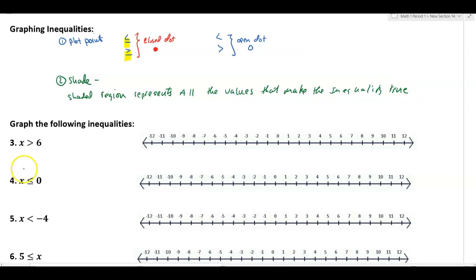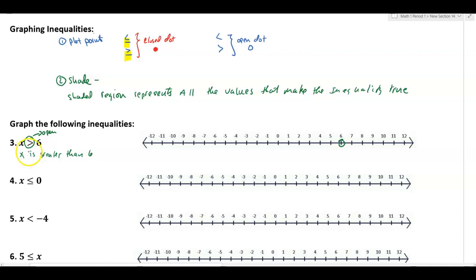So right away here, this is x is greater than 6. So what we're going to do is we're going to go to 6 on the number line. We are not equal to, this tells us we are going to use an open dot. We're going to go to 6.